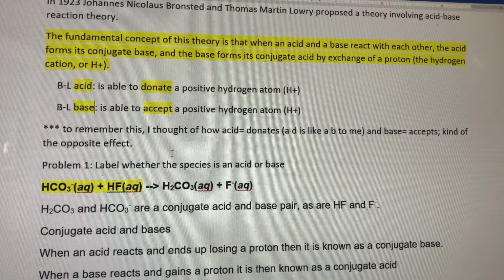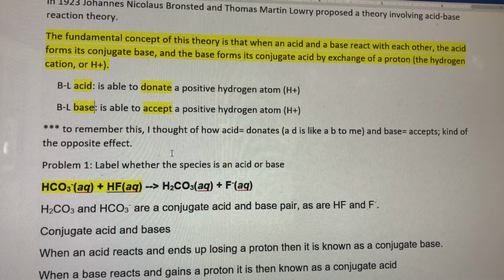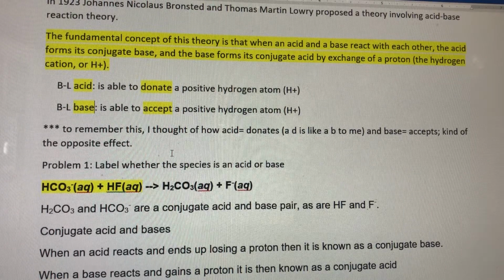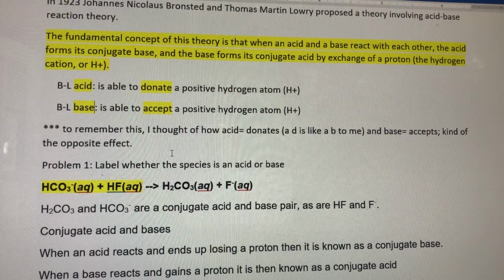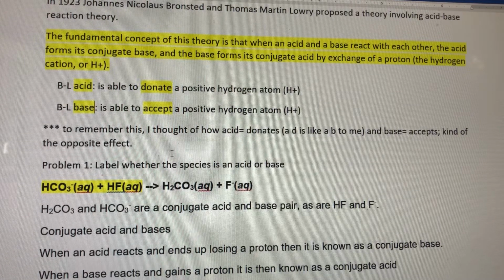An acid is going to donate. I don't know how, but this just helps. It's kind of like an opposite effect. And a base is going to accept it. So accept is not going to go with acid and base isn't going to go with donate. It's going to go vice versa. So if that helps anyone, I put that in there. It is confusing, but for me, it's just an easy way to understand.